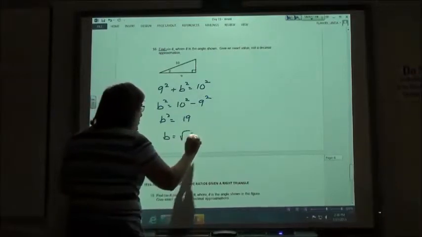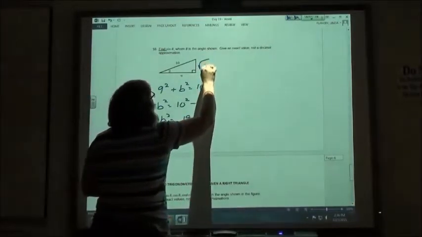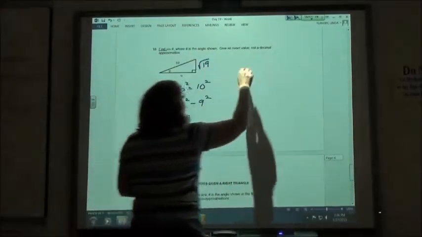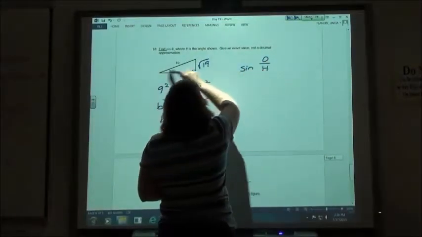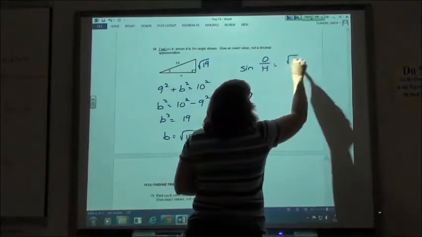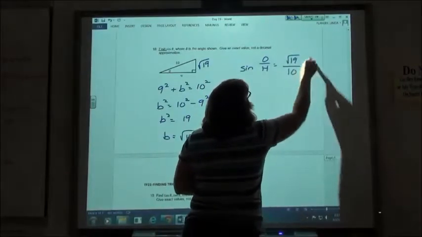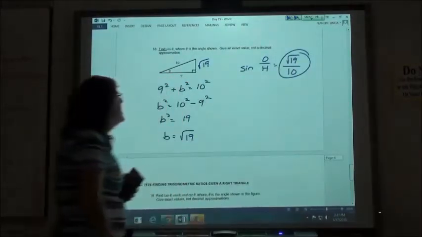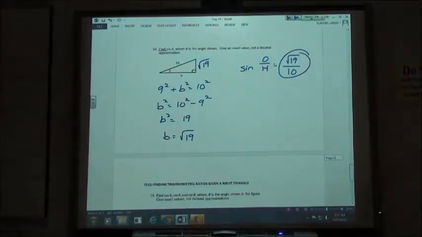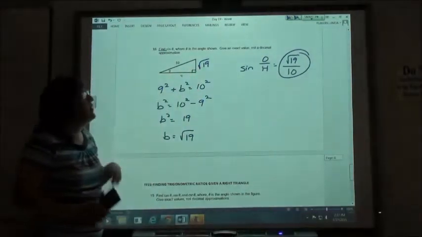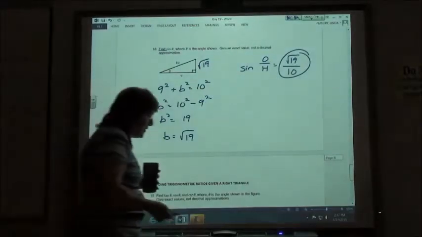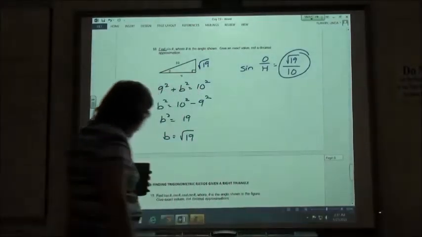B is going to equal the square root of 19 then. And we're doing the sine. Sine is the opposite over hypotenuse. The opposite is the square root of 19. The hypotenuse is 10. So we get square root of 19 over 10 for our answer. So just using our Pythagorean theorem to find our missing side and then doing our angle, sine, cosine, tangent, whatever they might ask for.